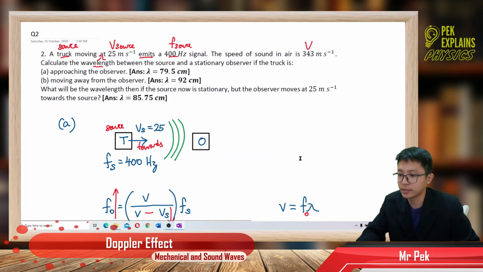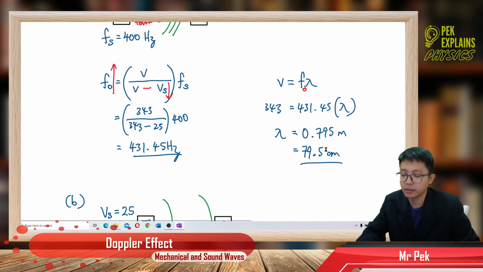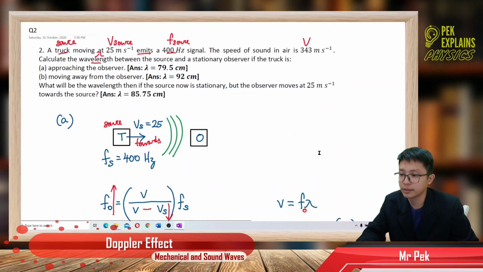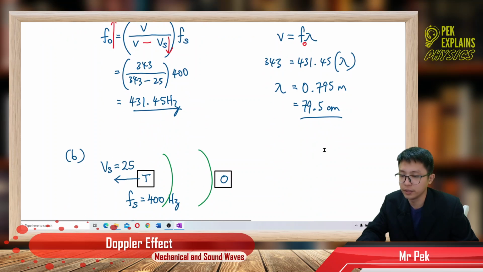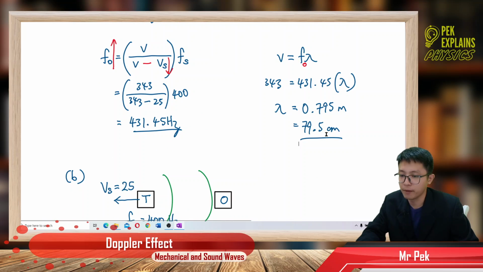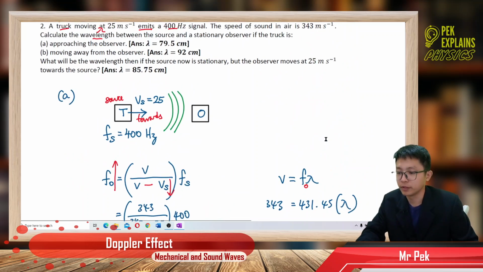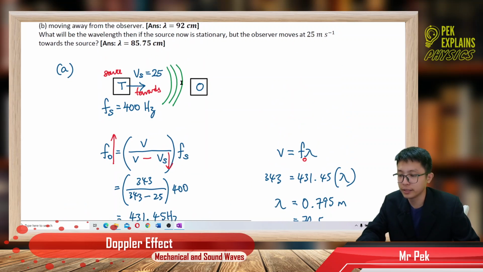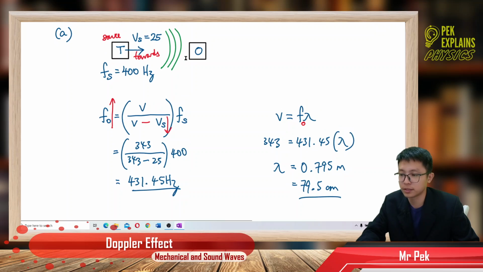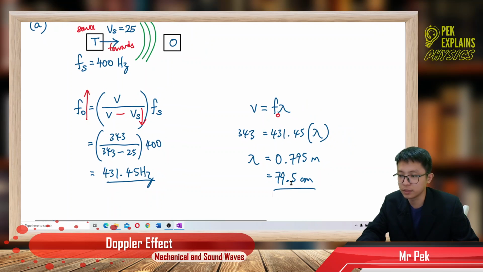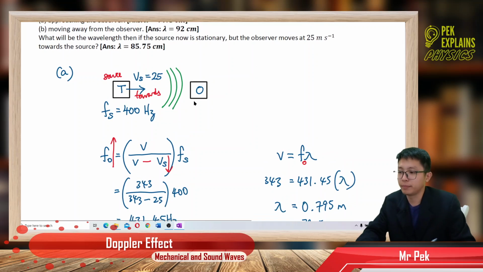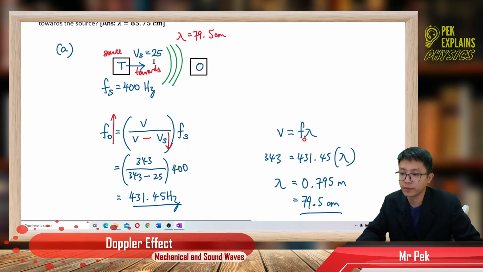This is the wavelength of the higher observed frequency, which is being compressed. When the source moves towards the observer, the wavelength is compressed. So this lambda is 79.5 centimeter.